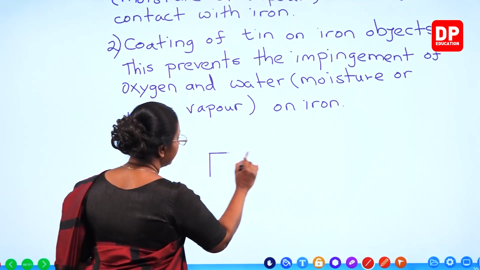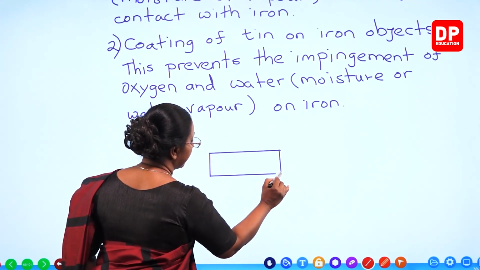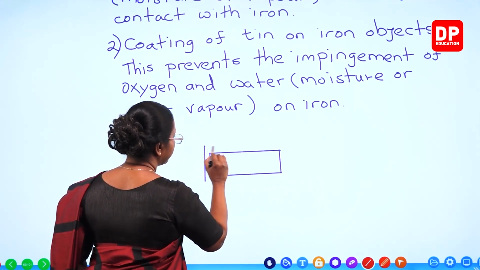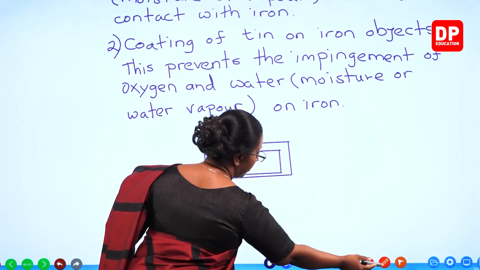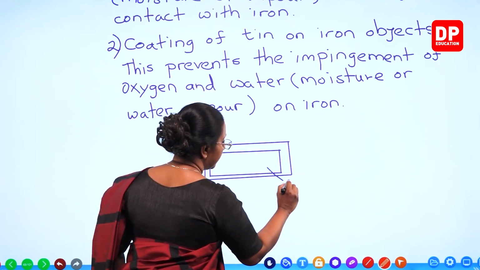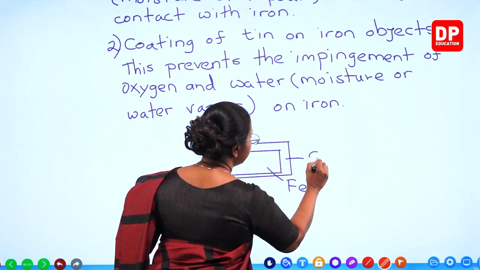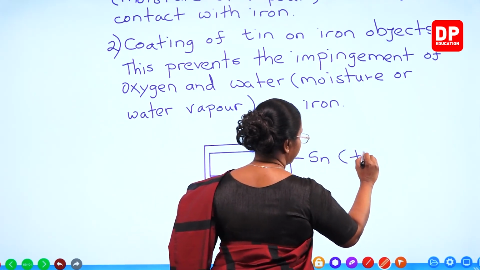Now let's say if you have a piece of iron like that. And on top of that, if you have a very thin layer, a layer of tin. So this is iron, this is tin. Sn is tin, you all know that.